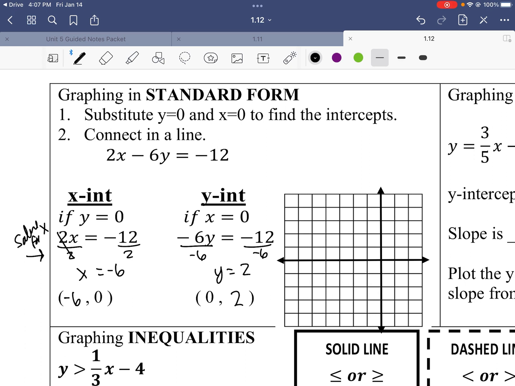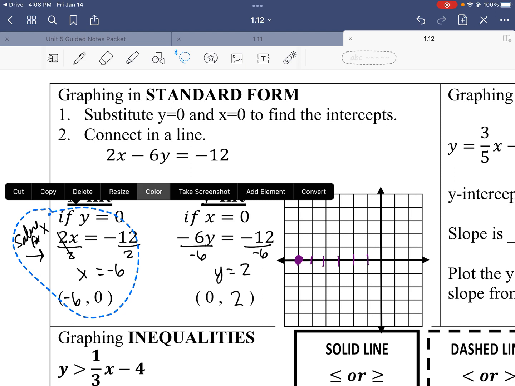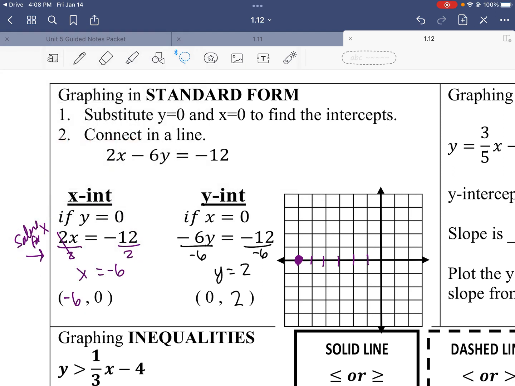Okay. So then all we have to do is put it on our graph. We put the first one, the x-intercept, negative 6, 0. So we're going to go over 1, 2, 3, 4, 5, 6, and put a dot there. And then, I'm going to change some colors for you guys here.